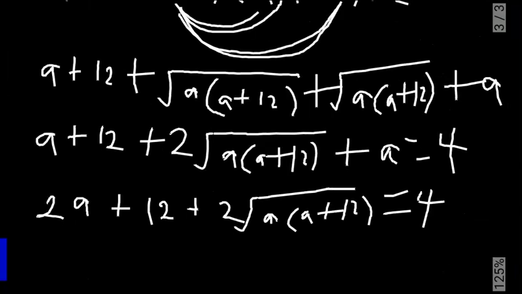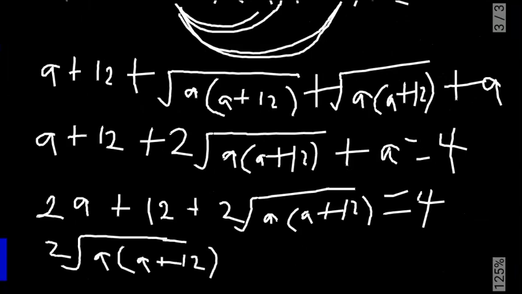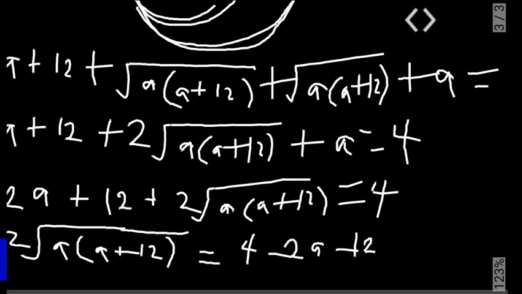So let us leave this at the left hand side and move every other thing without radical to the right hand side. So we have 2 root a plus 12 equals to 4 minus 2a minus 12.